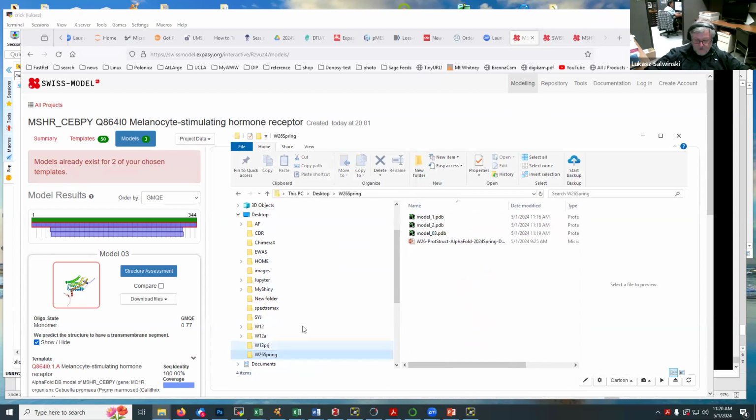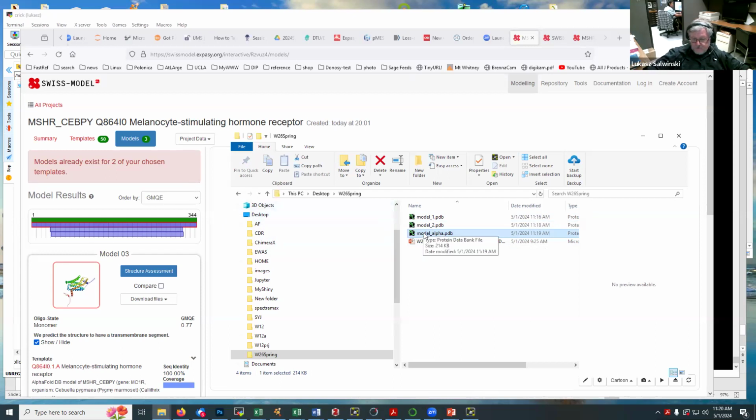Then I'm going to call it model alpha. Okay. So we've got two models based on templates picked up by Swiss model, and we've got a model based on the AlphaFold prediction, which was then processed by Swiss model, but should be pretty close to whatever AlphaFold does.